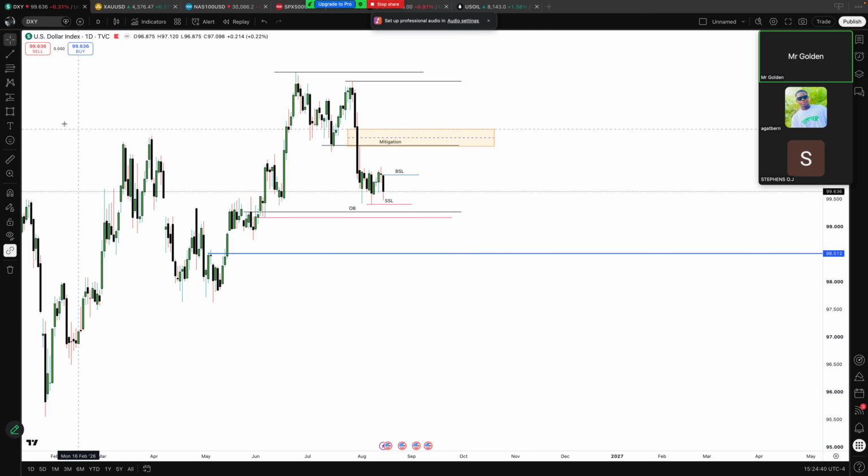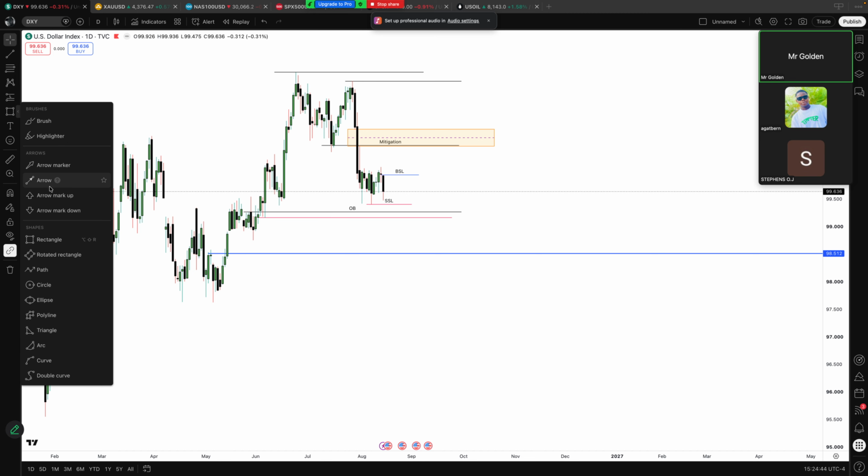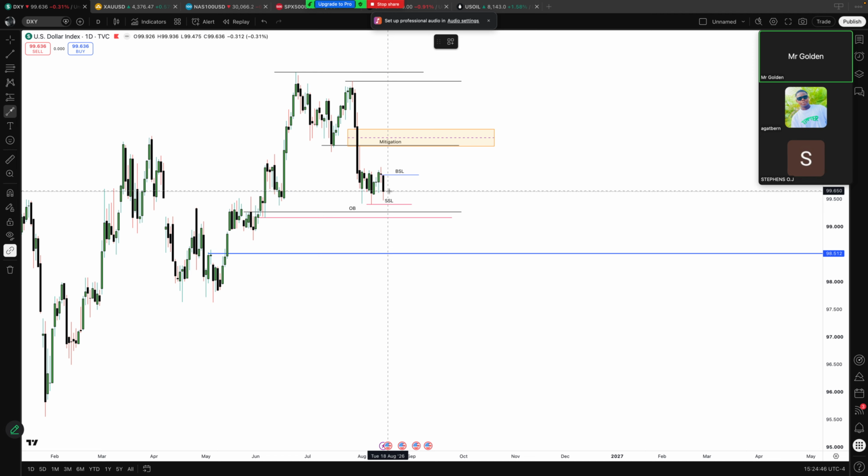This is what I would love to see in the markets. This to this point, up to this point, so please check your weekly time frame, and then down. I'm coming down to this point.